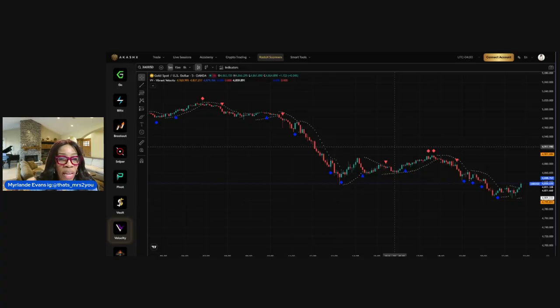So the first thing this velocity scanner does is it works off of all of the pairs that are available for Forex. I'm looking at XAU-USD, which is commonly known as gold. Now, gold is a precious metal. It is also considered a commodity when you're trading inside of the Forex market.